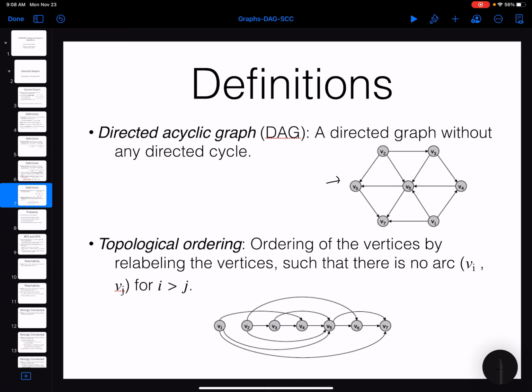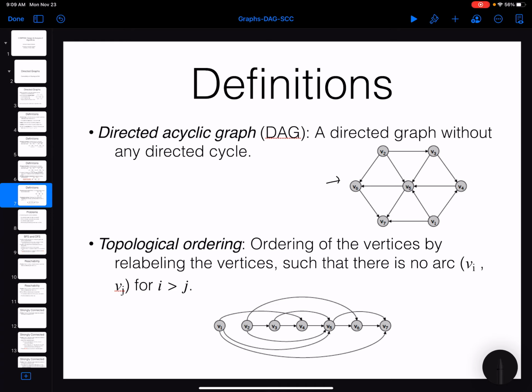So if your graph doesn't have a cycle, we can order the nodes so that, for example, if you order the nodes from left to right, all the edges are going from left to right, and there is no edge coming back from right to left.